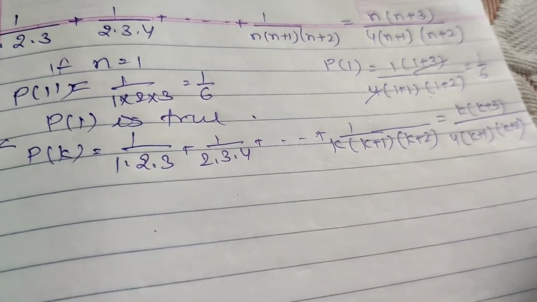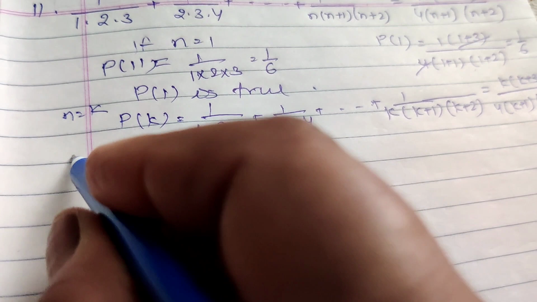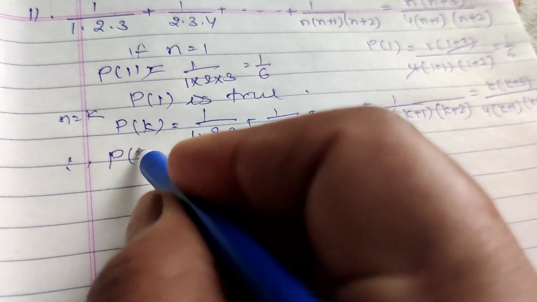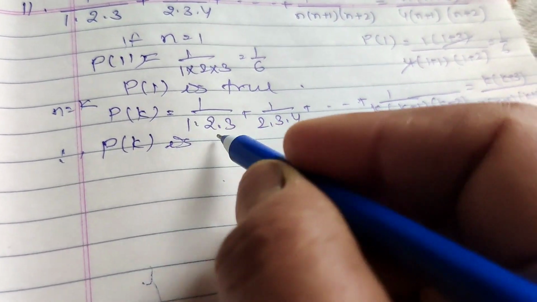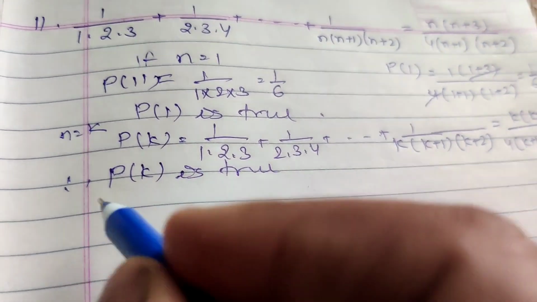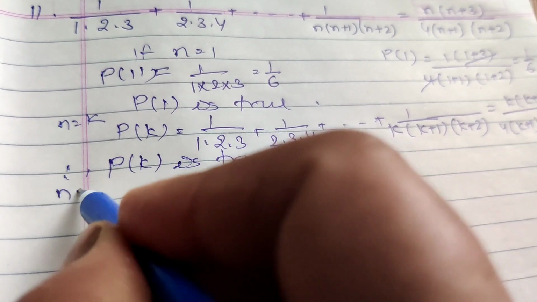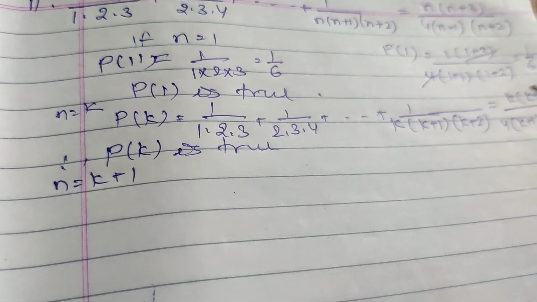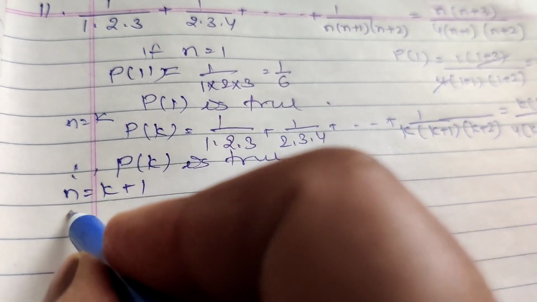So Pk is true. If this is true for k, then we have to prove it for n equal to k plus 1, just one term next.